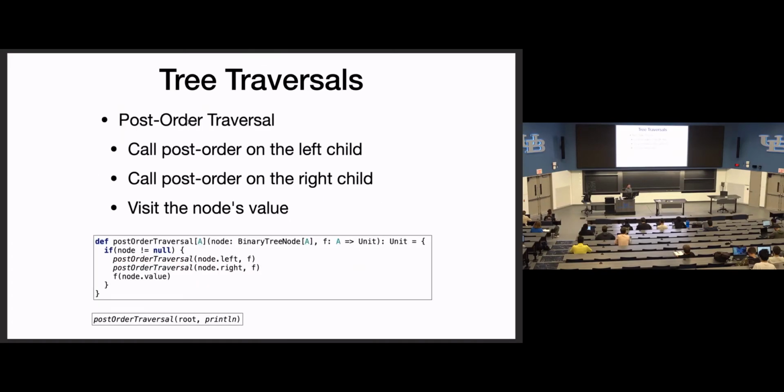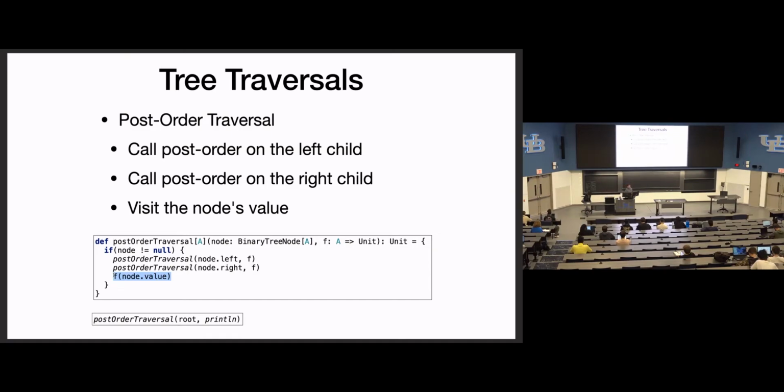With a post-order traversal, we're going to do almost the same exact thing, except we're going to call the function after both recursive calls. So now we're visiting the node after we visit both subtrees, after we go through all that recursion.